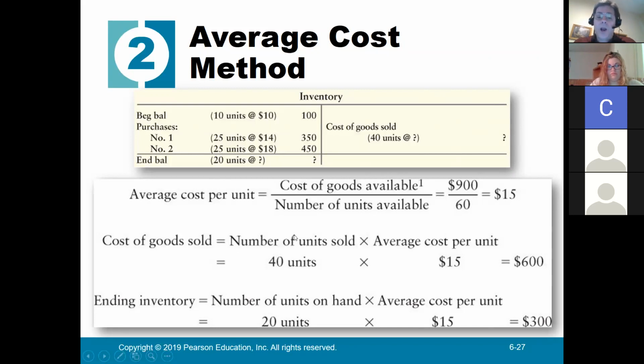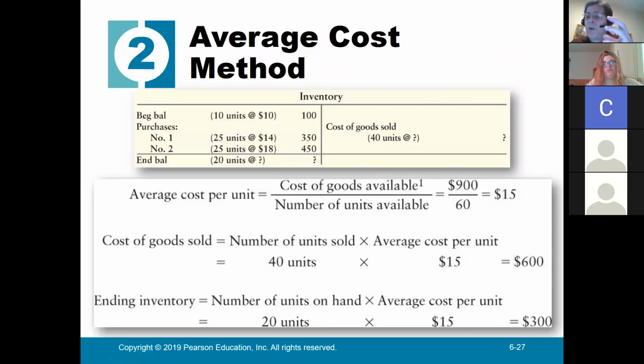So our number of units sold is 40. We multiply by that result, and we get 600. And guess what? We use the same average cost for the 20 in the ending inventory to get 300.